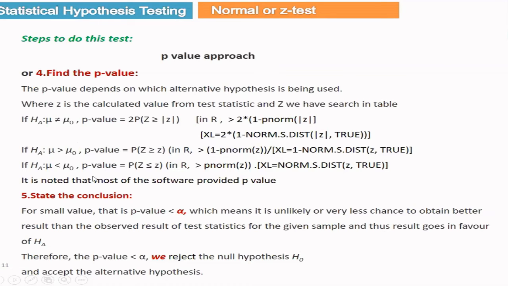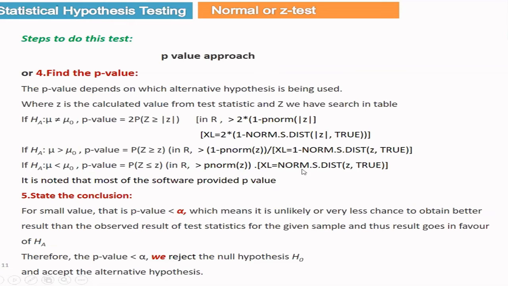For the left tail test, if the alternate hypothesis says the mean is less than some value, we get the p-value like this: the probability that Z is less than the value of the test statistic. In R it will be pnorm directly. In Excel, we use NORM.S.DIST of the value, with true. We can get the p-value easily by Excel. We'll do it in the example.